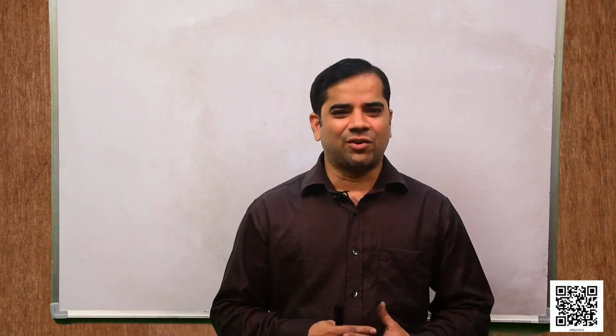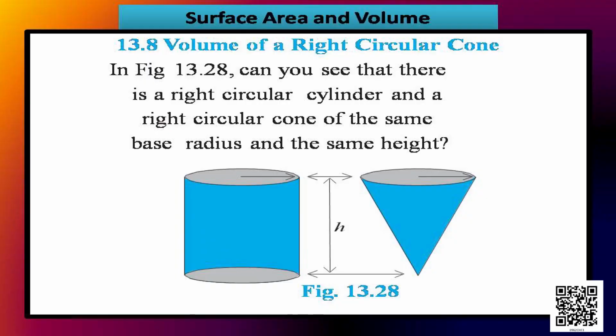Students, let us now discuss the volume of a right circular cone. Okay, as you can see in figure 13.28 given in your book, there is a right circular cylinder and a right circular cone of the same base radius and the same height.